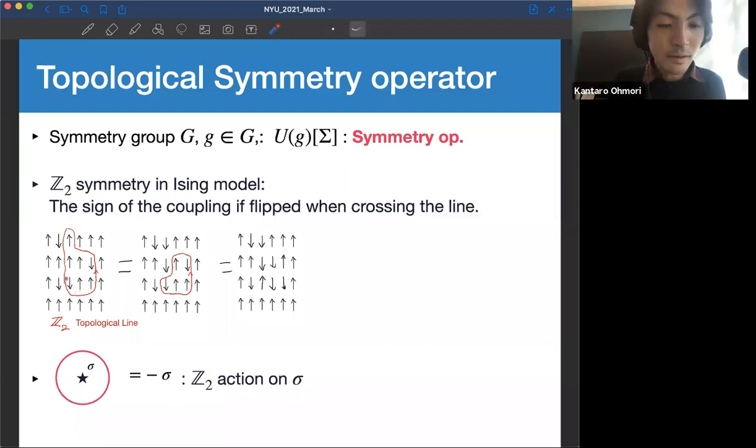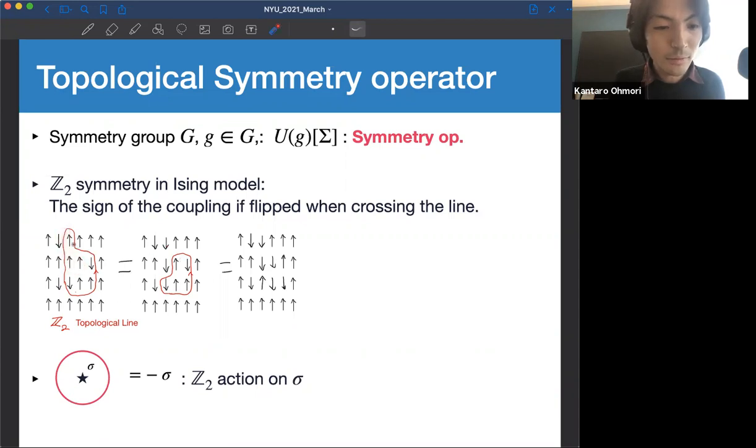Okay. Then this is in fact topological, because if I move this line, so this part to like this, then I can compensate such a move by flipping all the spins that were passed by this topological line.